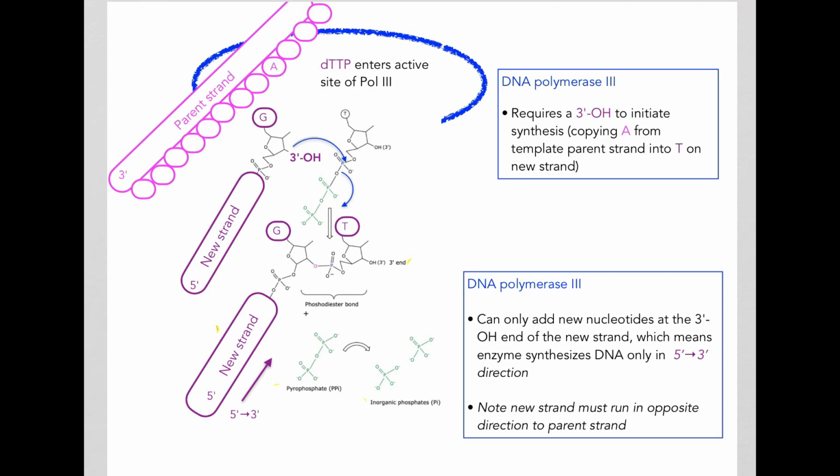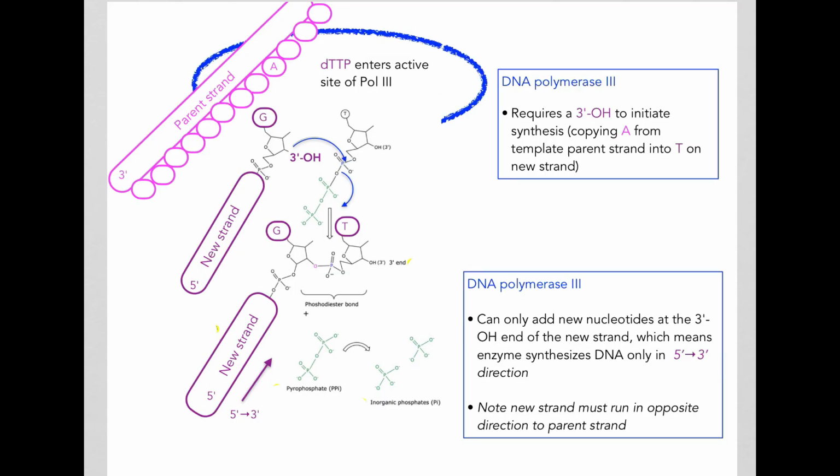So the DNA polymerase will copy the parent strand. This parent strand is also called the template. This is the template for DNA polymerase that it will copy. So let's say it wants to copy this A. The A will be copied as a T. So what happens is a dTTP nucleotide will enter the active site of DNA polymerase 3.